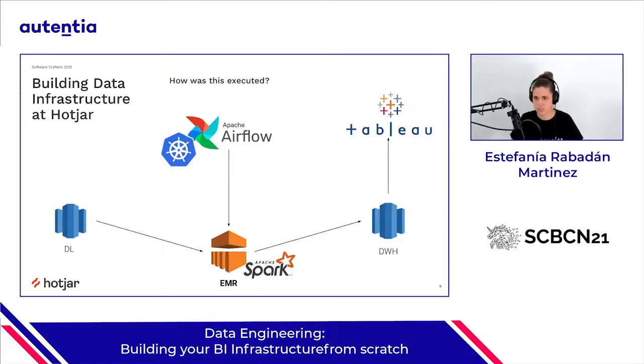Okay, so this was the end goal that we had. We wanted a data warehouse. We needed to populate it with all of the events that we were getting in the data lake, and we needed to do it on a daily basis properly. And obviously, once everything is in the data warehouse, there is what you do with it. And this is when the analysts came and they built Tableau on top of it. Tableau is a reporting solution.